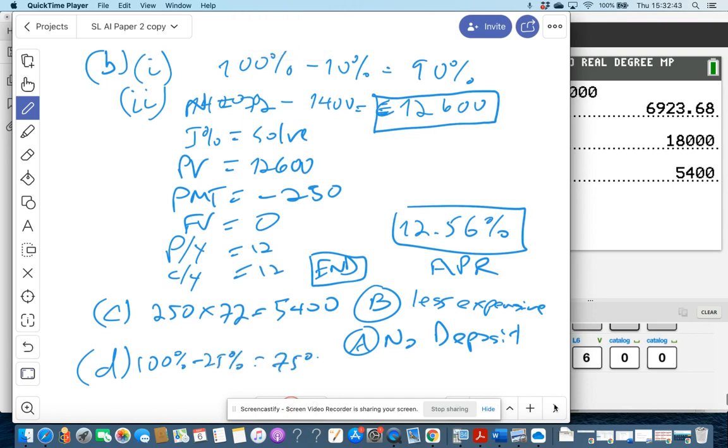So each year I'm multiplying by 0.75. Okay, and the question said it was for 6 years. So I'm going to take that amount and multiply it by 14,000, and I got my future value of the car.